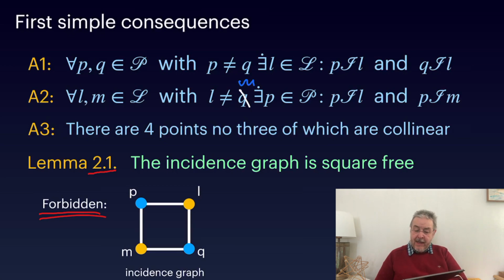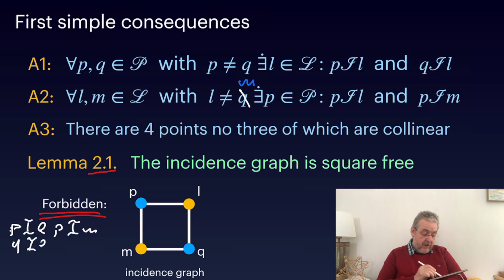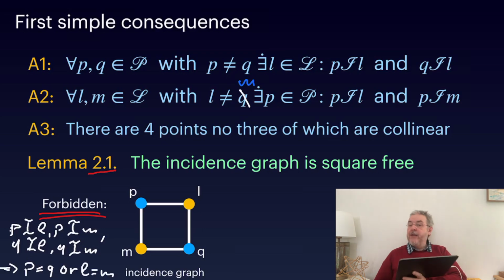Another way to state this is: if P is incident to L, P is incident to M, Q is incident to L, and Q is incident to M, then this implies that either P and Q are the same, or that L and M are the same. It's another way to think about it.